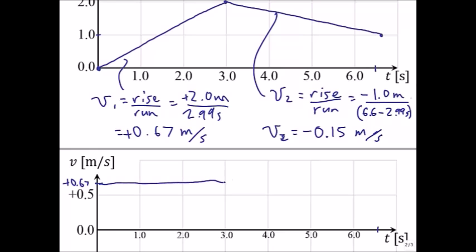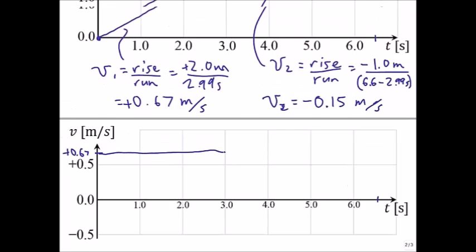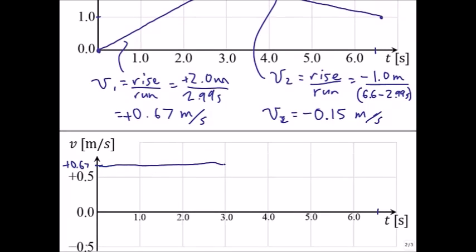Then I get there and turn it around, and now I'm going negative 0.15, somewhere in there. The velocity suddenly changes, and then it's constant velocity again all the way out to 6.6 seconds. So we've got constant velocity, a straight line, then a quick drop, and then another straight line at negative velocity, which is less of a magnitude on the way back.